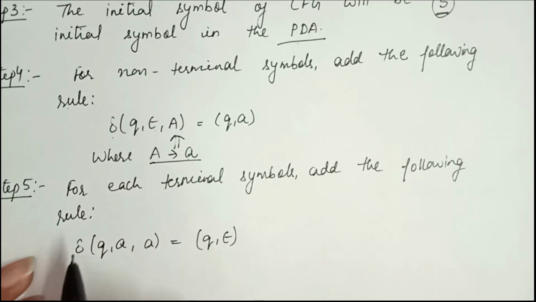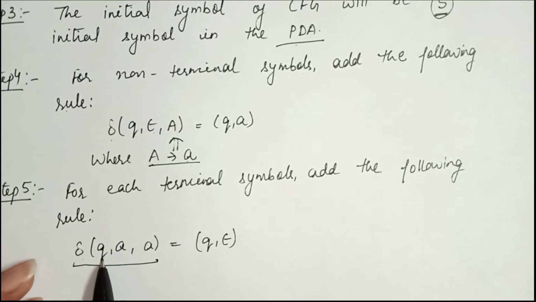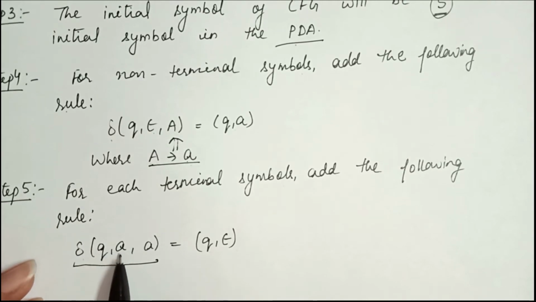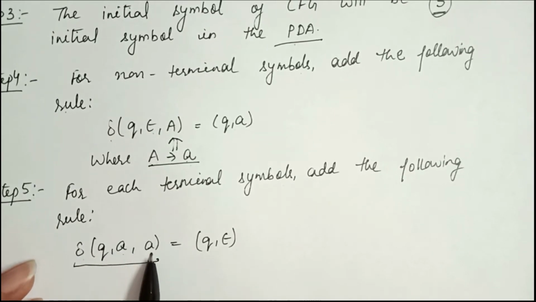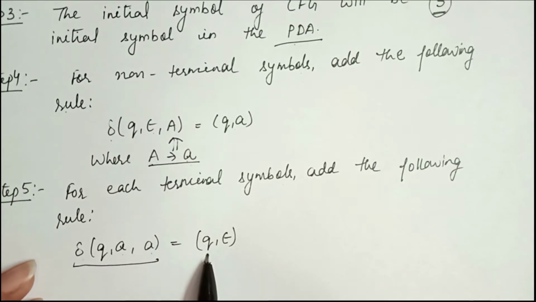In the PDA we will read it like this: if we are on the current state Q, the input symbol is a and the top of the stack is a, then it goes to the same state Q, and the top of the stack contains epsilon.